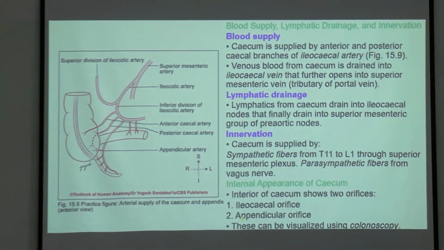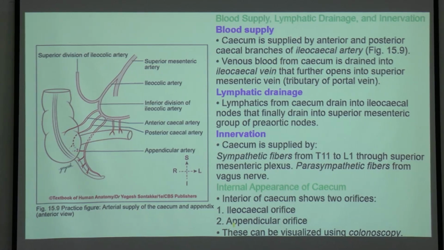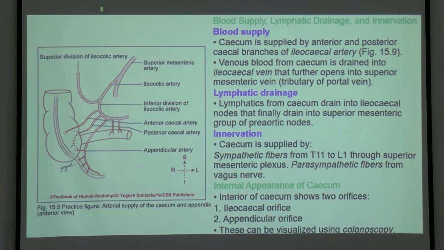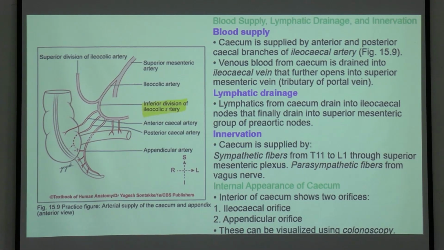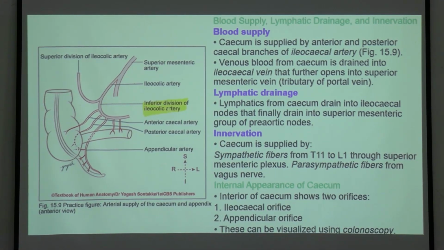Well, we already know the blood supply: the large gut is a part of the mid gut and also a part of the hind gut. The junction between mid gut and hind gut is the transverse colon. The right two-thirds belongs to the mid gut and the left one-third belongs to the hind gut.